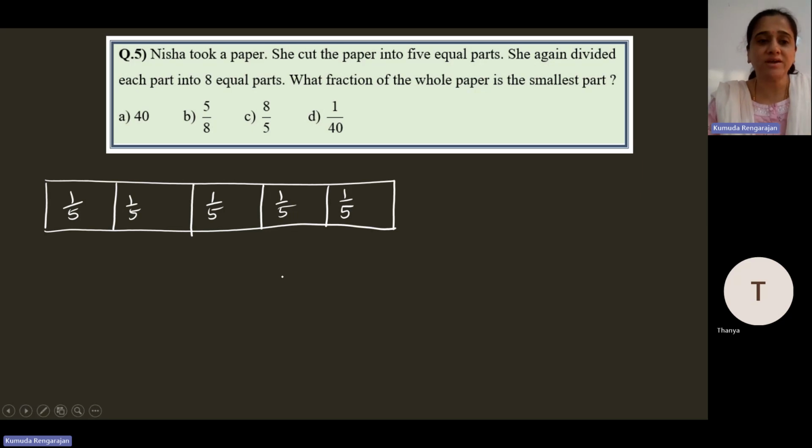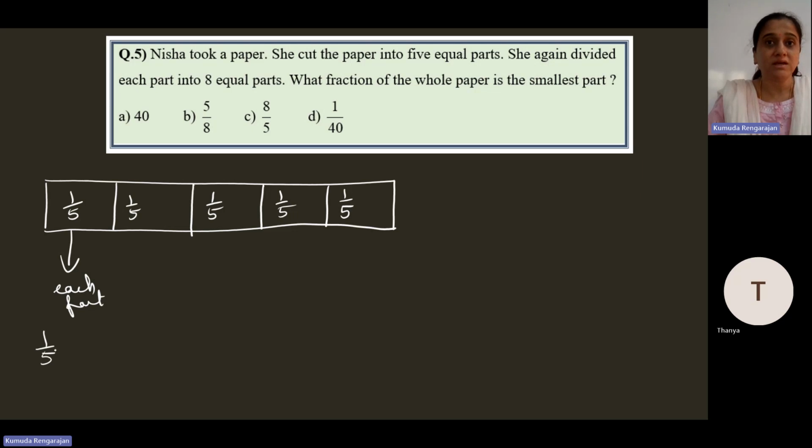She again divided each part into 8 equal parts. So this 1 by 5, she's dividing that one into 8 equal parts. Now, what fraction of the whole paper is the smallest part?